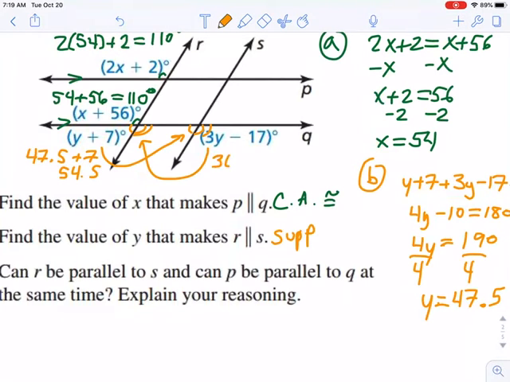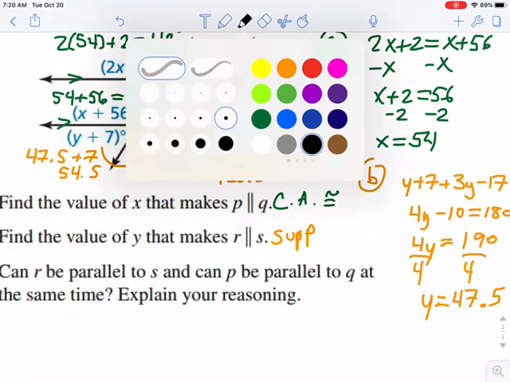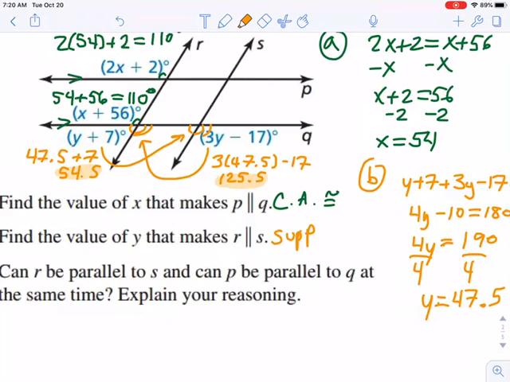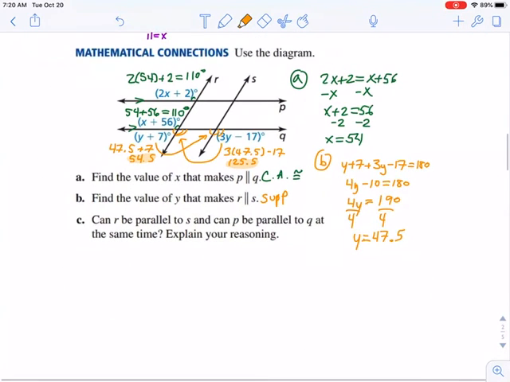I'm going to get 3 times 47.5 minus 17. And I get 125.5. Okay. So yes, this is good. We got these supplementary. So we've answered number B, but number C is where another level of thinking comes in.